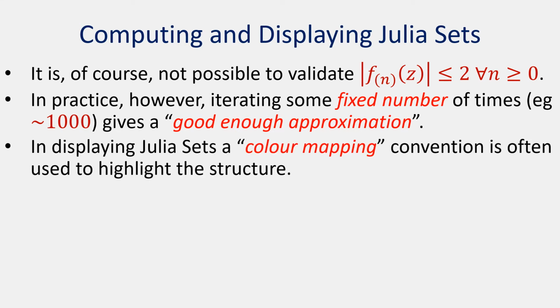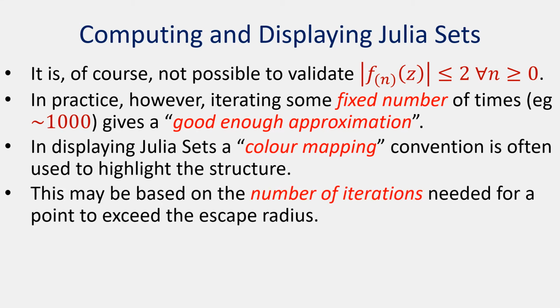And when we're displaying the result of computing a Julia set, a method that's very often used is to use some kind of color mapping convention to highlight the structure itself. And one way we can define the colors that are used is to set the color for the complex number based on the number of times we have to iterate the function in order to go outside the escape radius.